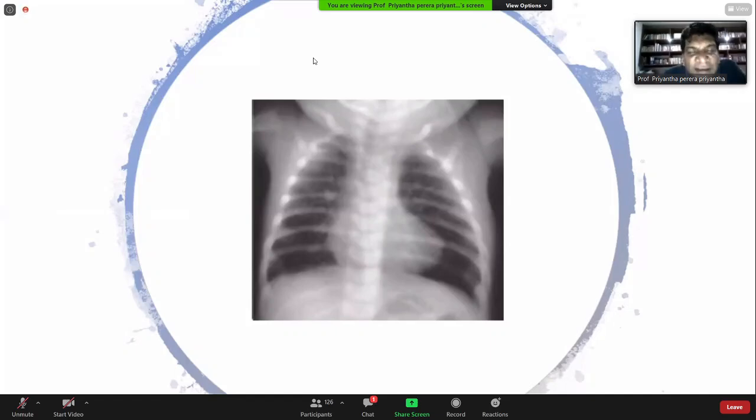Maybe it is duct-dependent circulation, and if you close the ductus, the patient will die, right? So in those situations, you have to keep the ductus open, not close it, right? So if you have a PDA, always make sure you get an echocardiogram to exclude duct-dependent circulation.